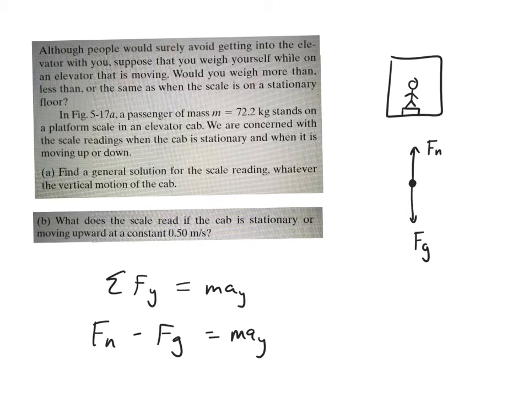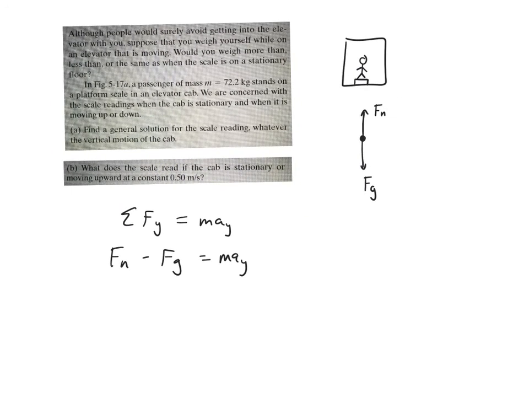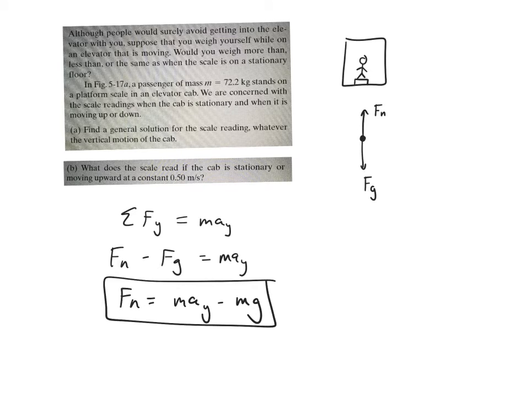For this to equal 0, these have to be the same value. So that's the first solution, when you are at a constant velocity. So here's the generic value, and they want a scale reading, so let's make the scale reading equal may minus mg. So there's the answer for part A, the generic answer for a normal force.